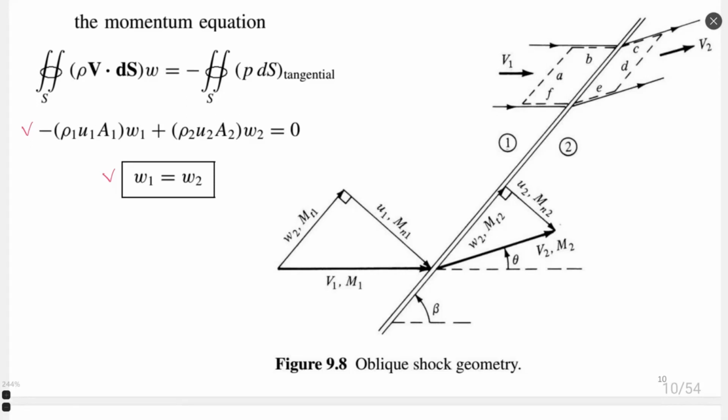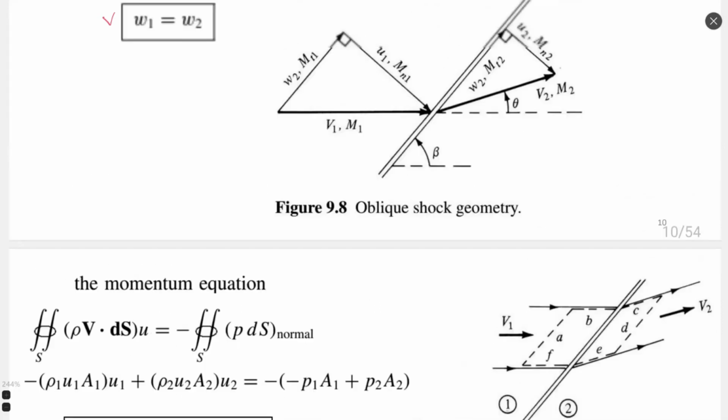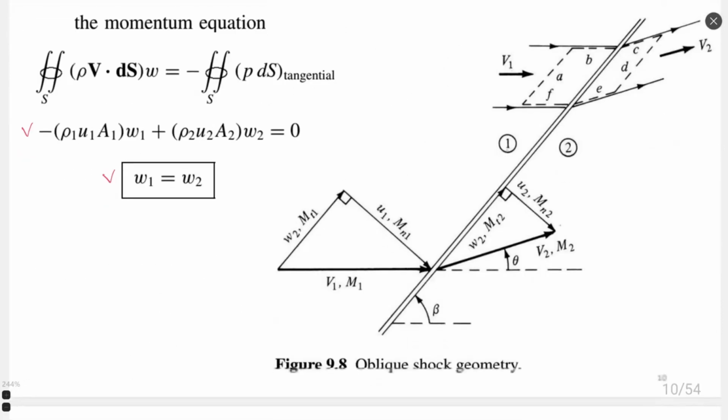Oh, no, this is the w component of the velocity only. Sorry. It just simplifies the first one. The first equation is simplified because from the continuity equation, we already have this quantity equal to this quantity. So these two products are the same, so they can be canceled from our equation. And we find that we have conservation of the w component of the velocity before and after the oblique shock wave. So W1 is equal to W2.